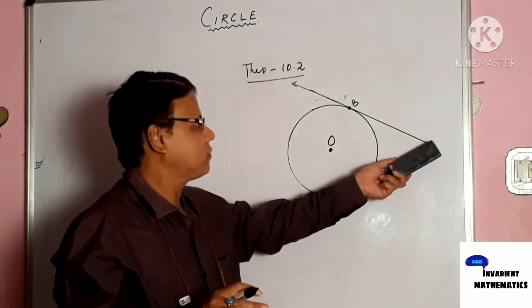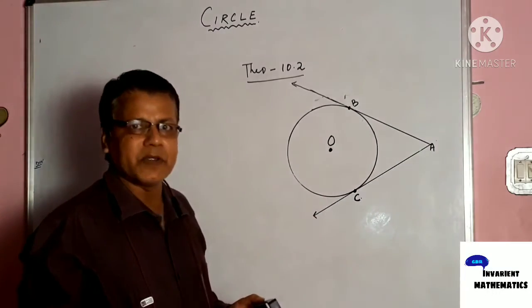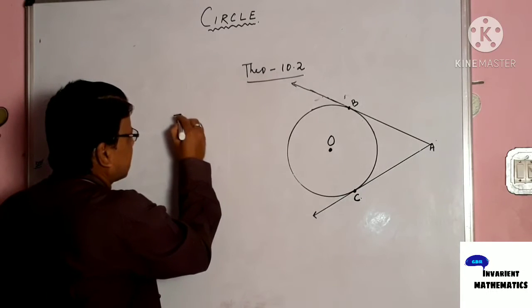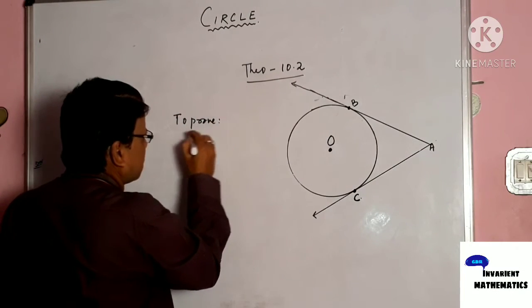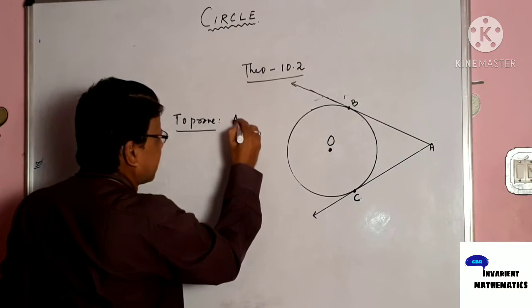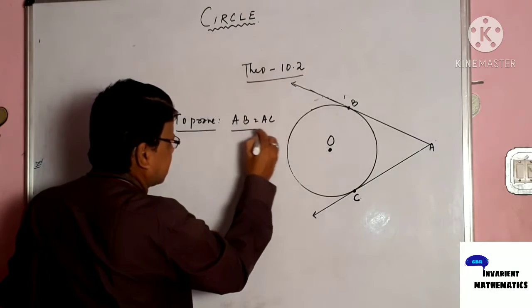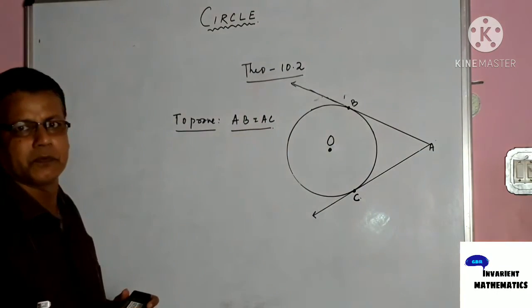To prove: AB is equal to AC, that means the lengths of the tangents are equal.